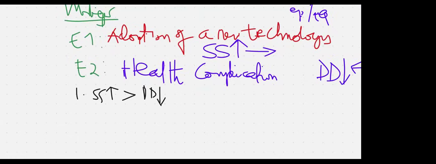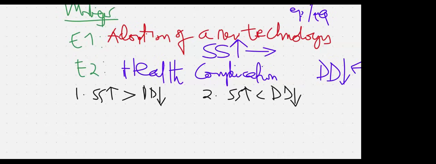That is, the impact on supply was more than the impact on demand.